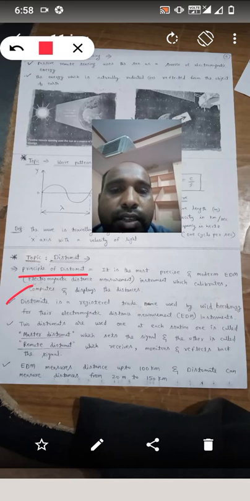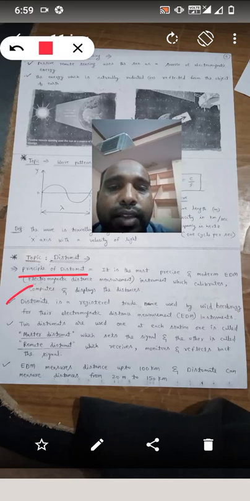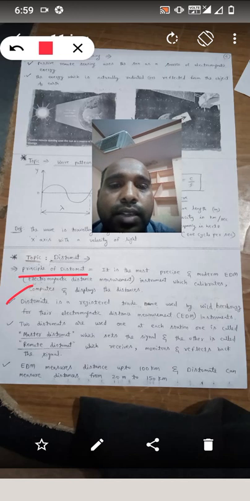Distomat is a registered trade name used by Wild Heerbrugg for their electromagnetic distance measurement instrument.